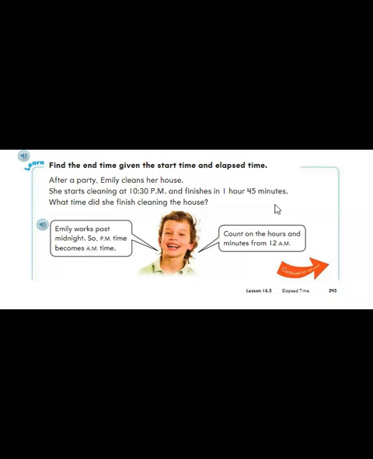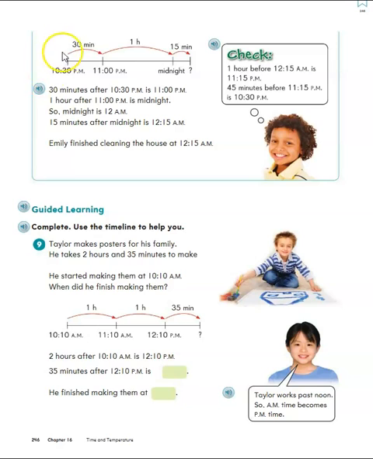So this one's a little different, but we can use the same strategy with our timeline. So here's our timeline. We know that she starts cleaning at 10:30 p.m. So we want to get to a nice friendly time. So we're going to go 30 minutes because 30 minutes will get us right to 11 o'clock p.m. We know that she cleans for a total of 1 hour and 45 minutes, right, guys?